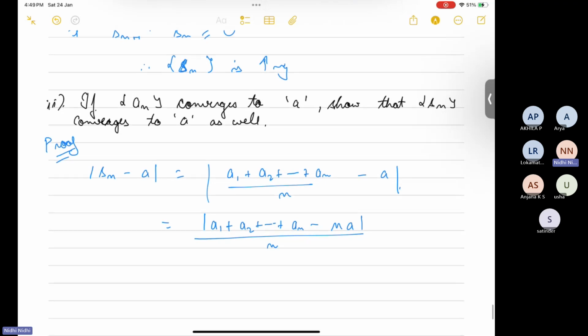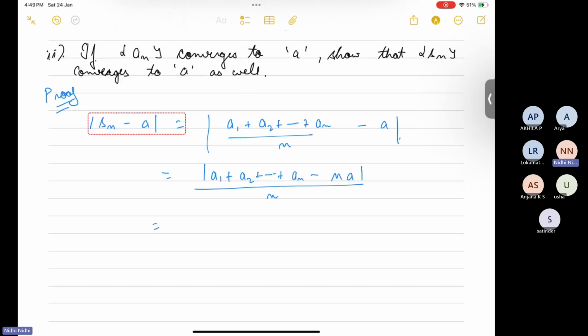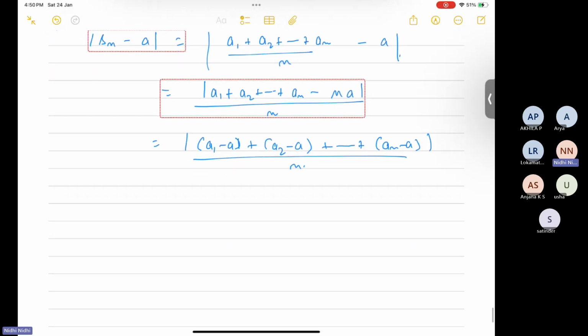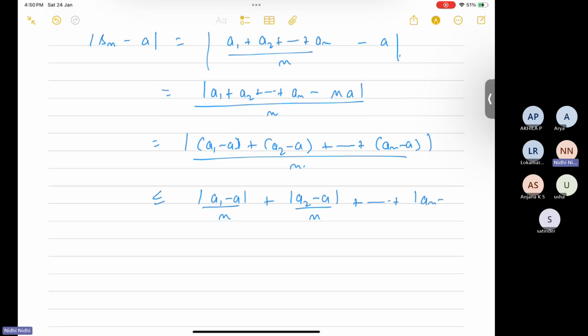Now again I'll split this into the form A plus A plus A, n times. So basically this will give us (a1 minus A plus a2 minus A and so on up till an minus A) upon n. Then we'll use the triangle inequality, which will give us mod a1 minus A upon n plus mod a2 minus A upon n and so on up to mod an minus A upon n.